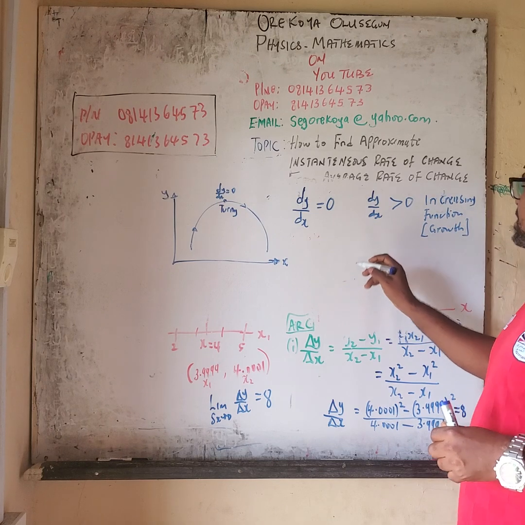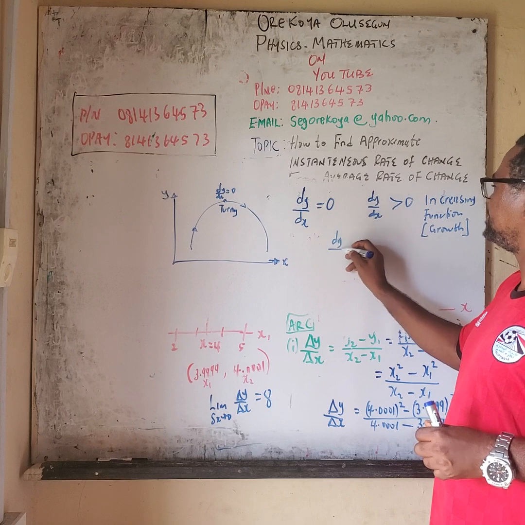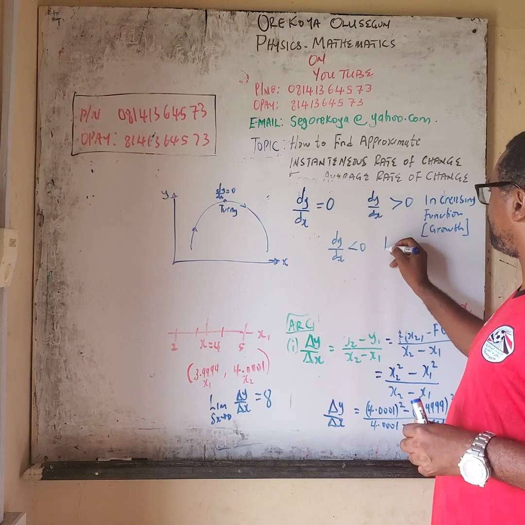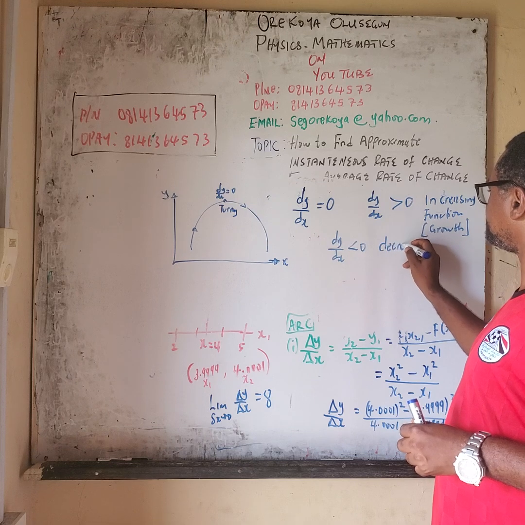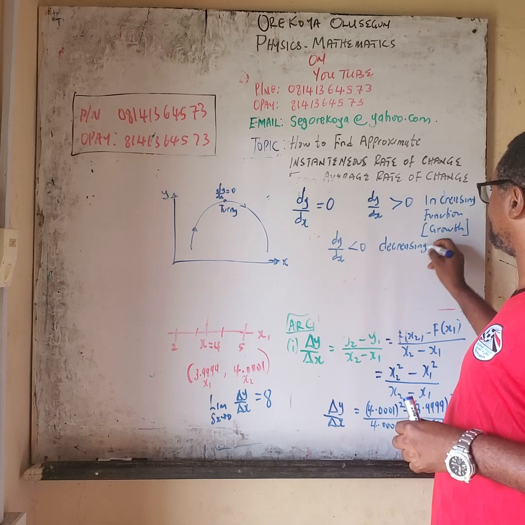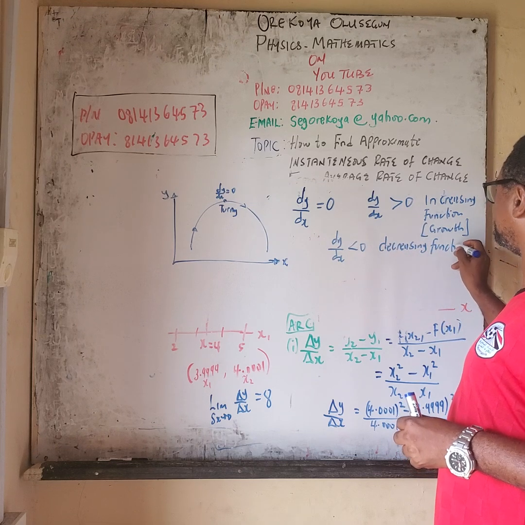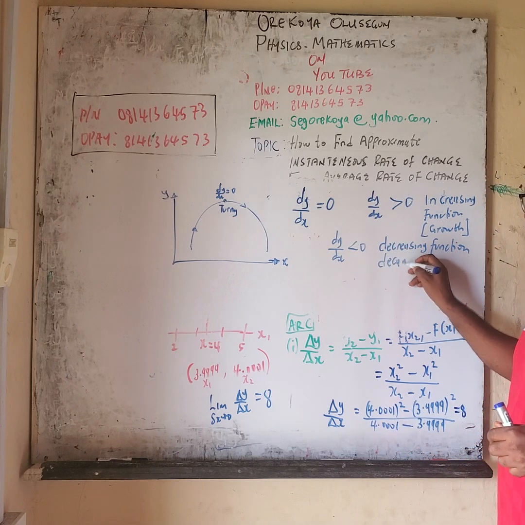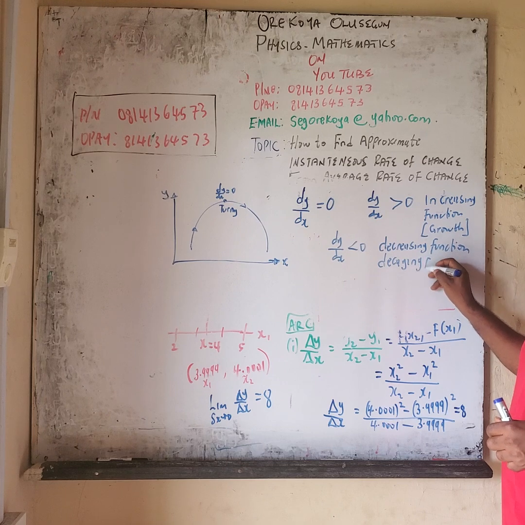Now, when you have dy/dx less than 0, that is negative, we have what is called a decreasing function. And this decreasing function is also known as a decaying function.